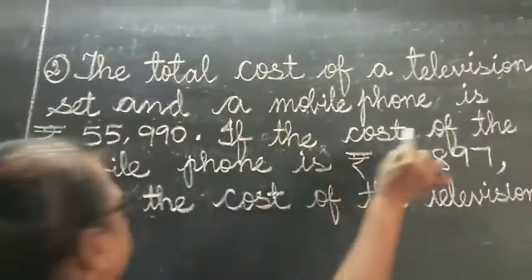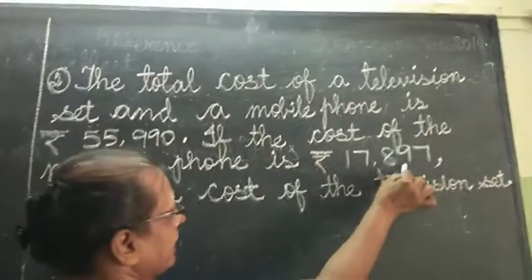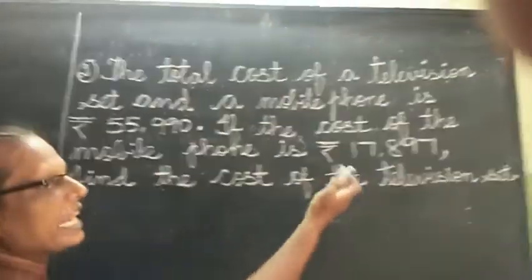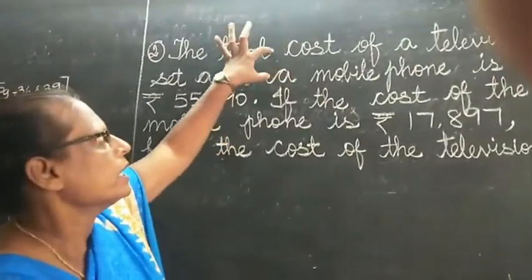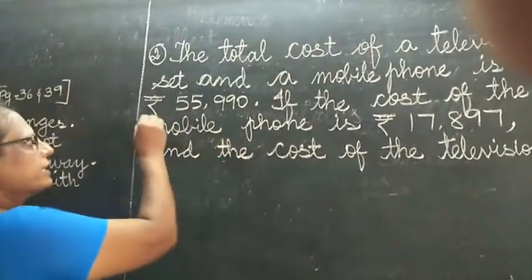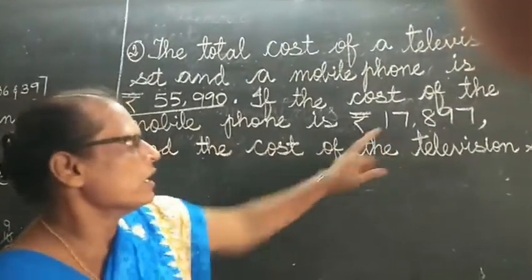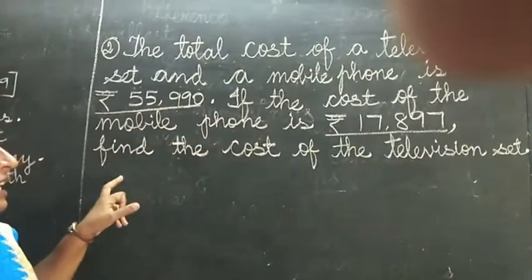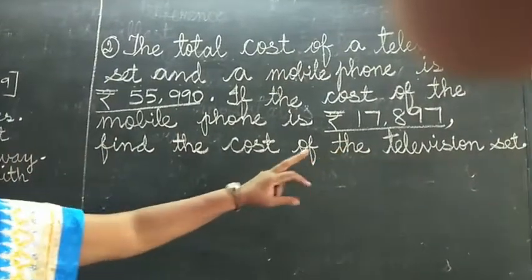If the cost of the mobile phone is rupees 17,897, you have to find out the cost of the television set. Okay, children, we will find out.